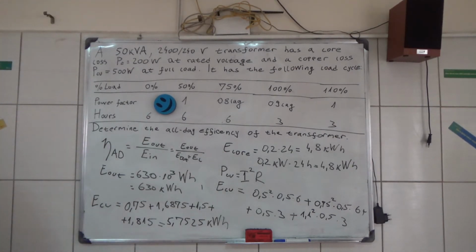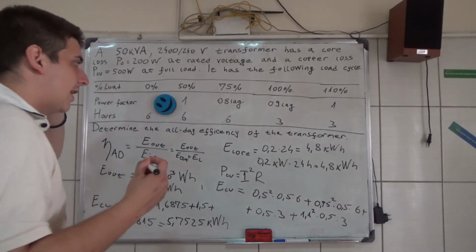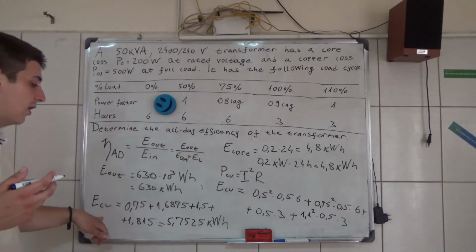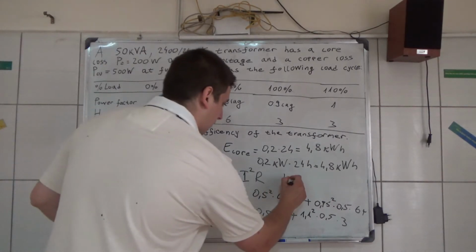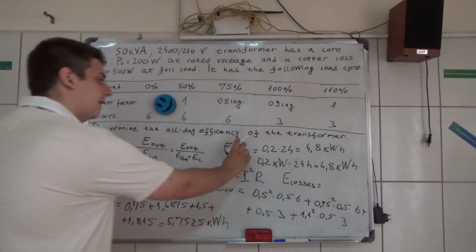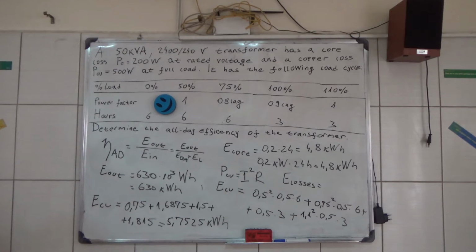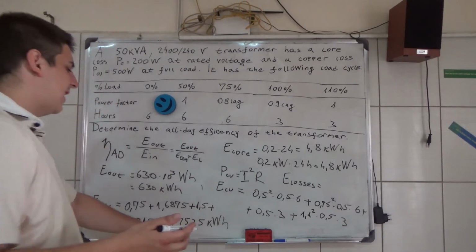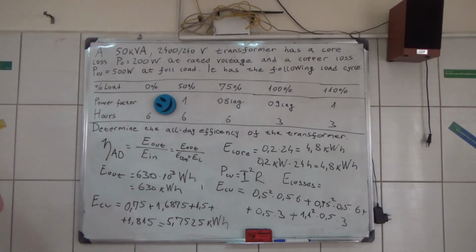Let me just see if that all is good. Yes, it is. Now the energy losses is the core losses and the copper losses. This plus this is equal to 4.8 plus 5.7525.